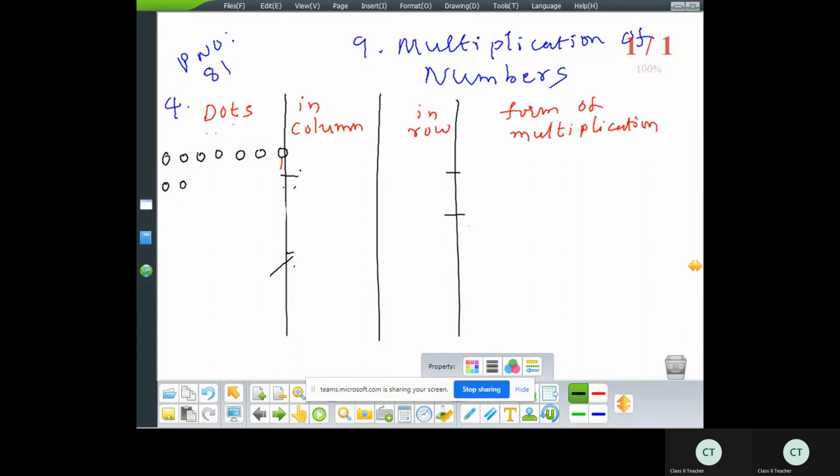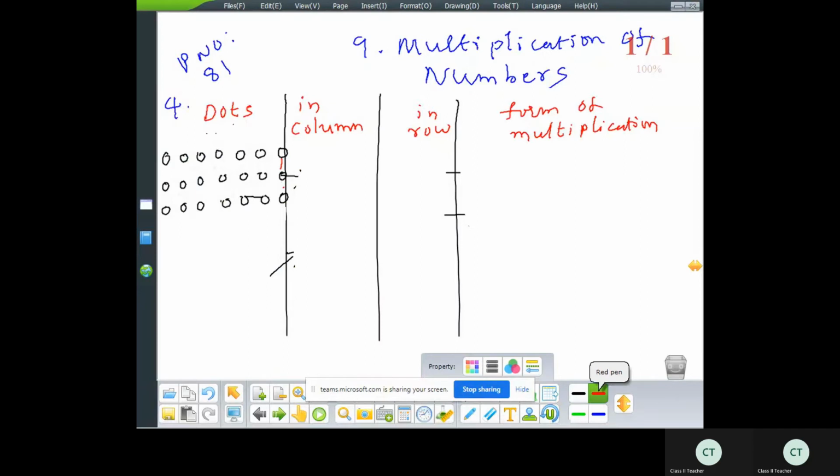Yes. First, we count how many columns are there.